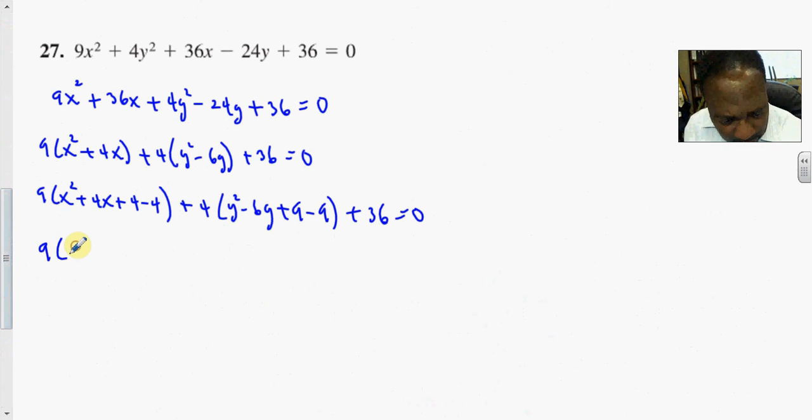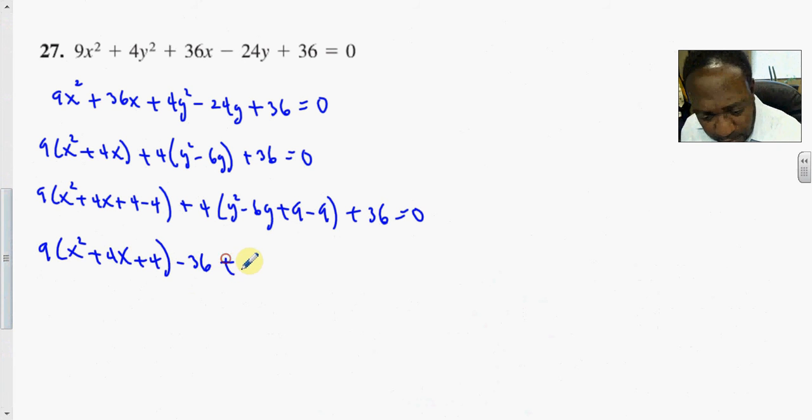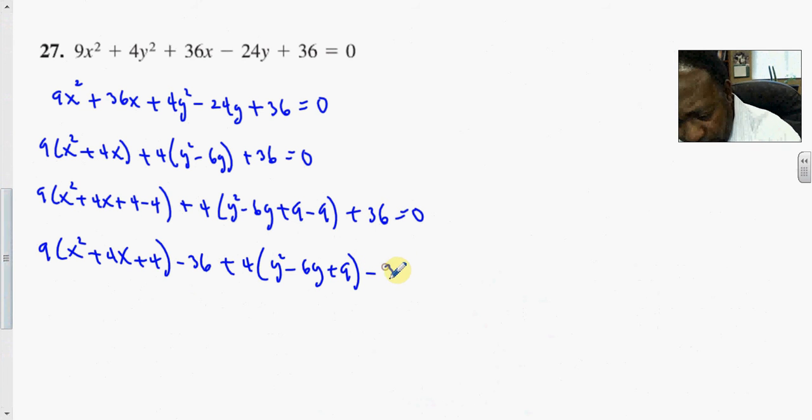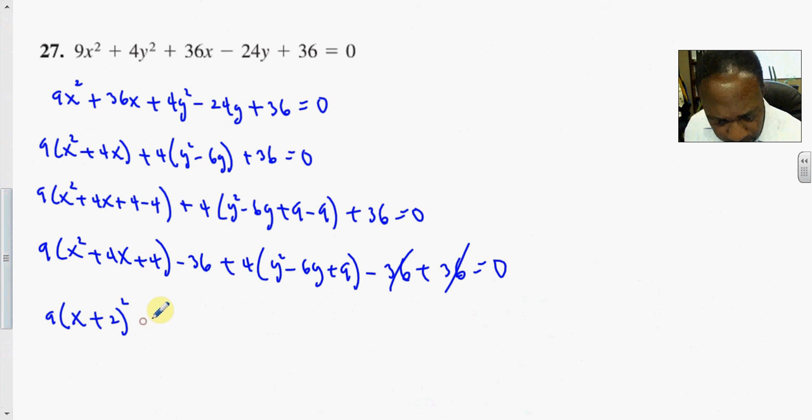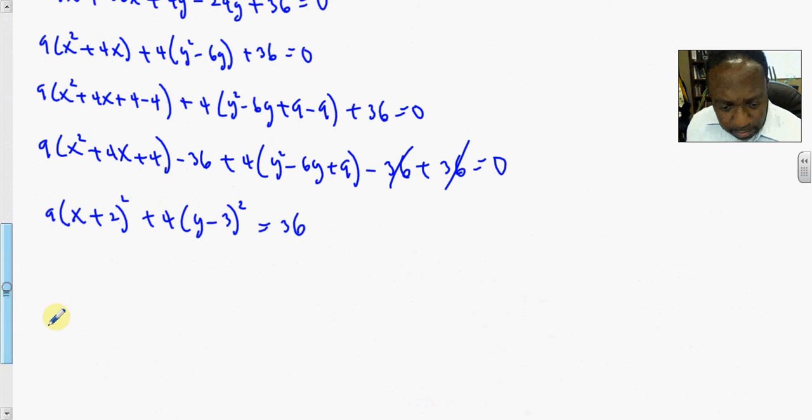So this is 9 times x squared plus 4x plus 4. Take the negative part out, so 9 times -4 is -36, plus 4 times y squared minus 6y plus 9. Take the negative part out, gives us -36 plus 36 equal to 0. Those two go out. We're going to add 36 to both sides. We get 9 times x plus 2 squared plus 4 times y minus 3 squared, equal to 36.